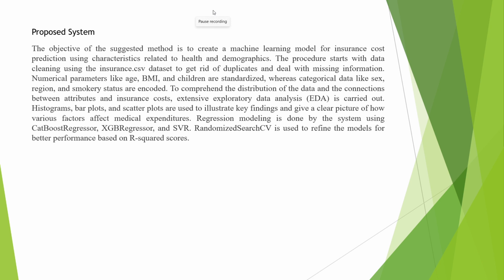Histograms, bar plots, and scatter plots are used to illustrate key findings and give a clear picture of how various factors affect medical expenditures. Regression modeling is done by the system using CatBoost regressor, XGBoost regressor, and SVR. Randomized search CV is used to refine the models for best performance based on R-squared scores.